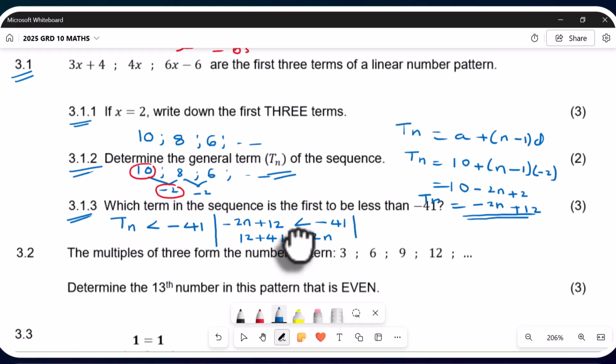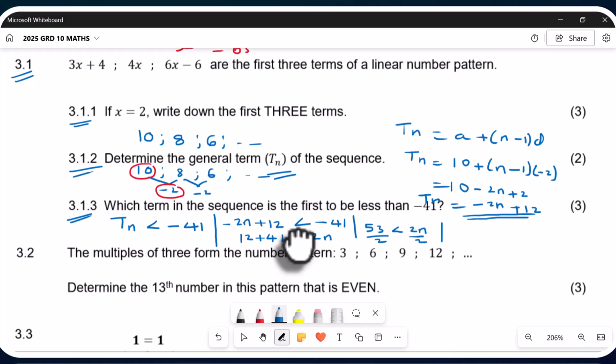I get 0, so my Tn becomes 6n, isn't it? Because I want the 13th term, it's going to be T13. So you can just multiply for me, please. What is 6 times 13? What do you get? 78. That's our answer. That is it.